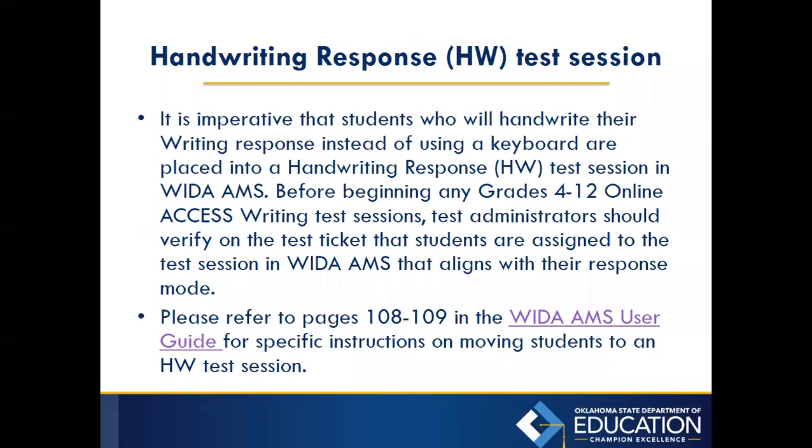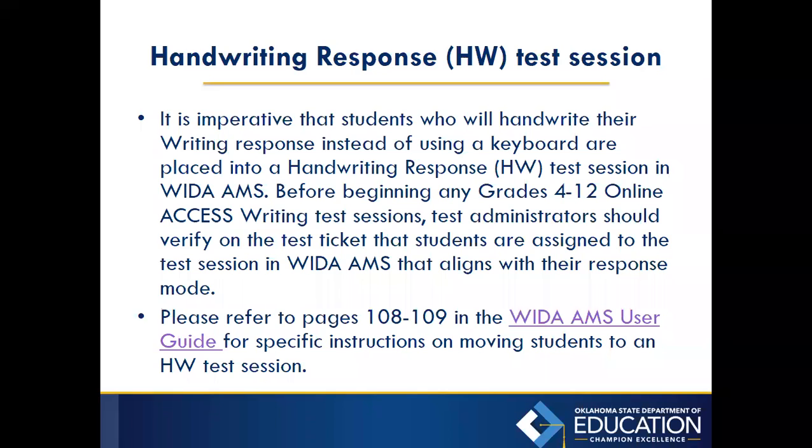Now, I did want to mention this, and I did send out a listserv message about this too, but it is very important that students who will handwrite their writing response instead of using the keyboard are placed into a handwriting response test session. This is mainly for 4th and 5th graders, because those are the ones that Oklahoma has let you opt in to do the handwriting response.